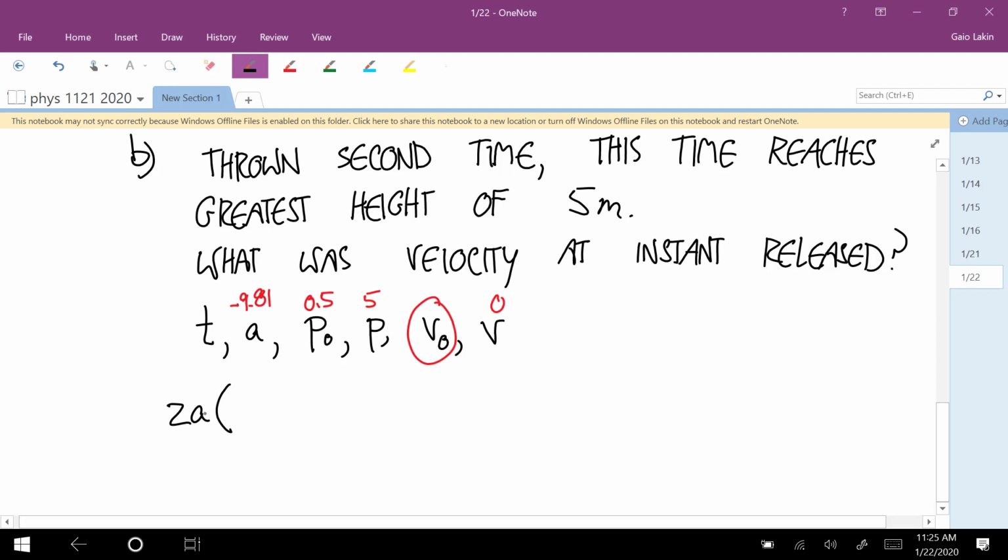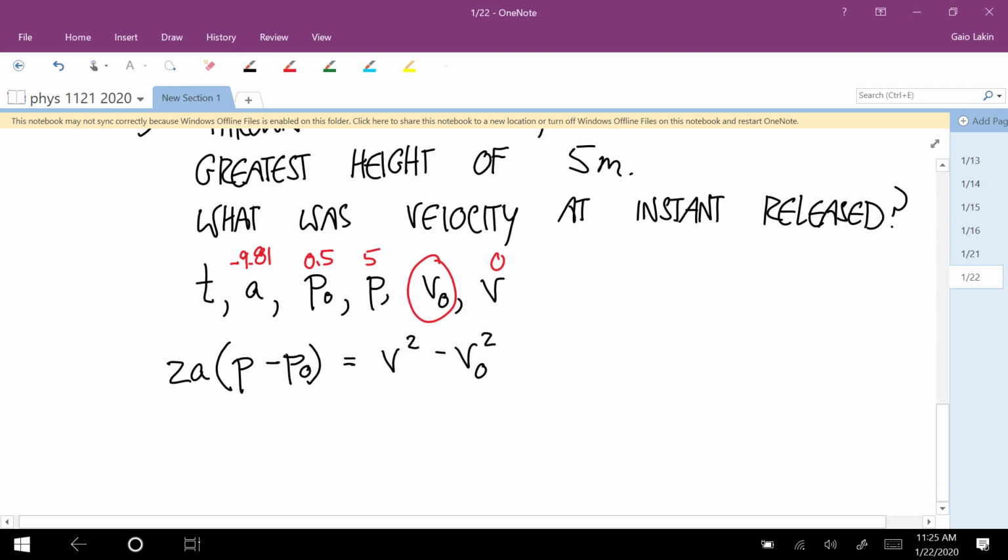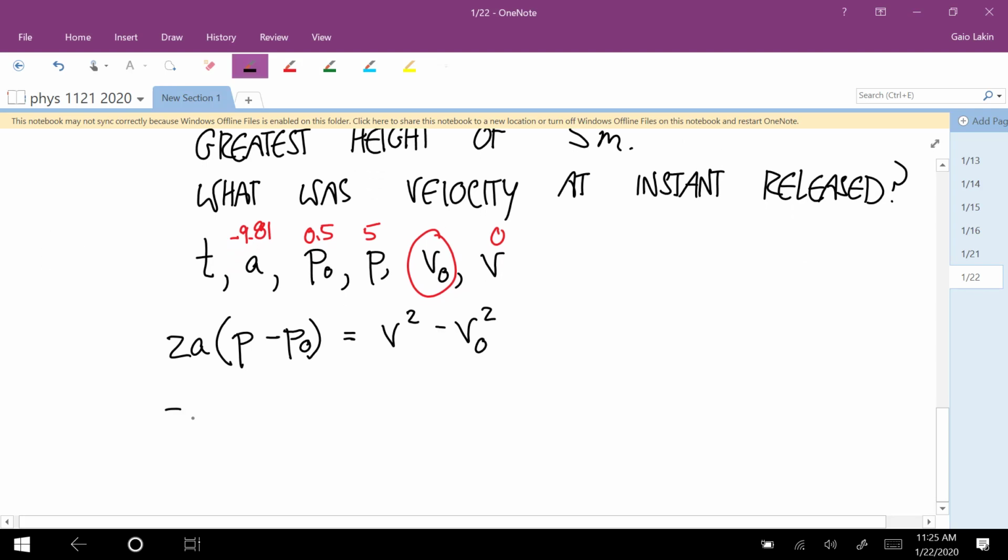2a times the quantity p minus p0 is equal to v squared minus v0 squared. And so you get negative 19.62 times the quantity 5 minus 0.5 is equal to 0 squared minus v0 squared.